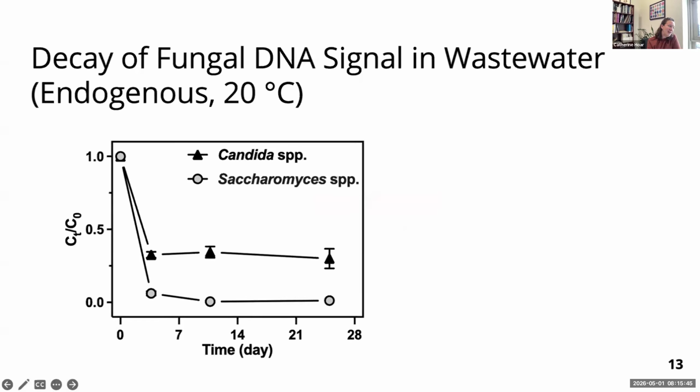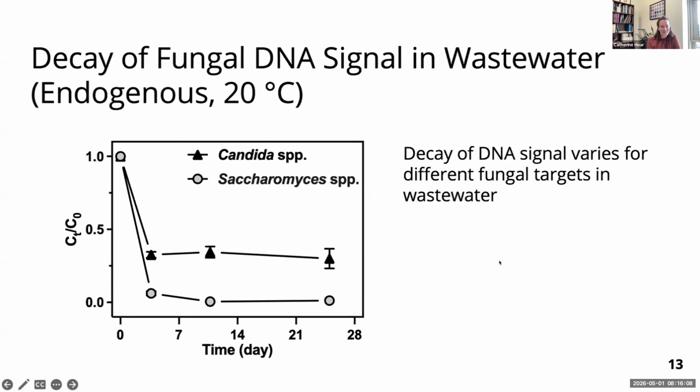Here we're looking at concentrations based on genera-specific ITS qPCR for Candida species and Saccharomyces species in wastewater, so endogenous fungi, over time just left at 20 degrees C. At least from this study, it looks like decay of DNA signal varies for these different fungal targets, meaning that we can't just assume decay for one fungus is going to apply to others.